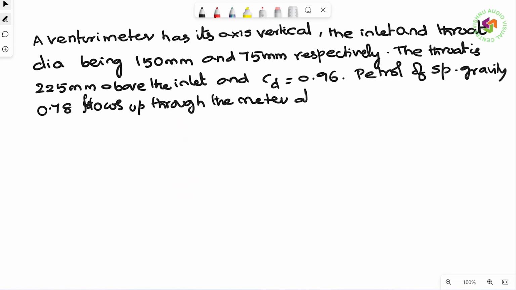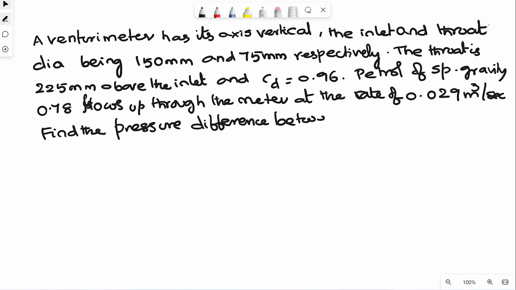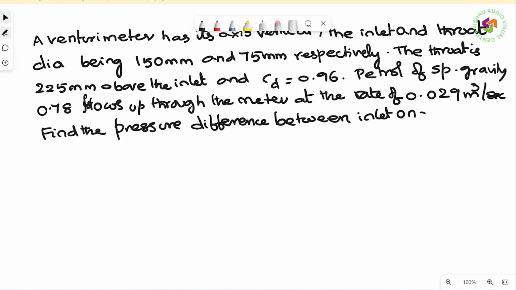The rate of flow is 0.029 meter cube per second. Find the pressure difference between inlet and throat.